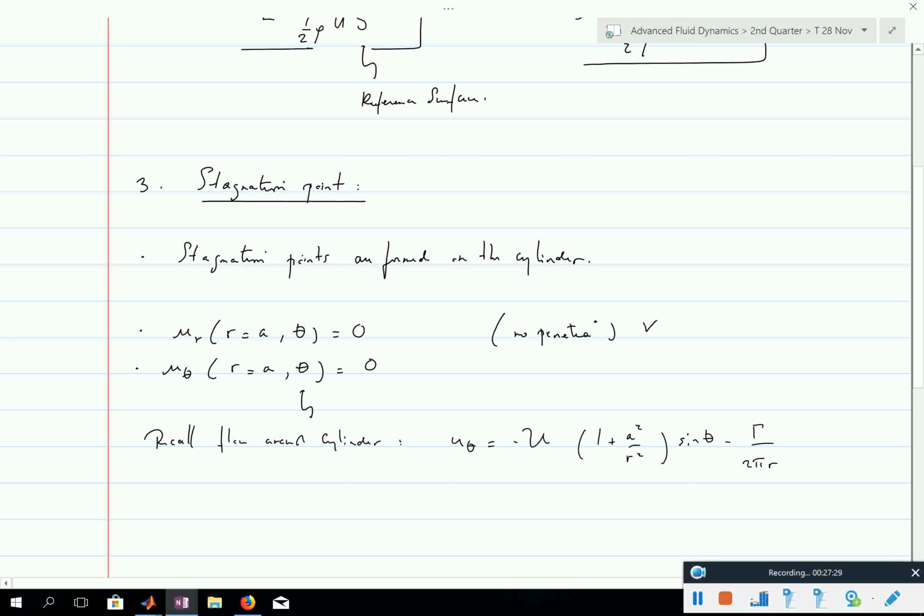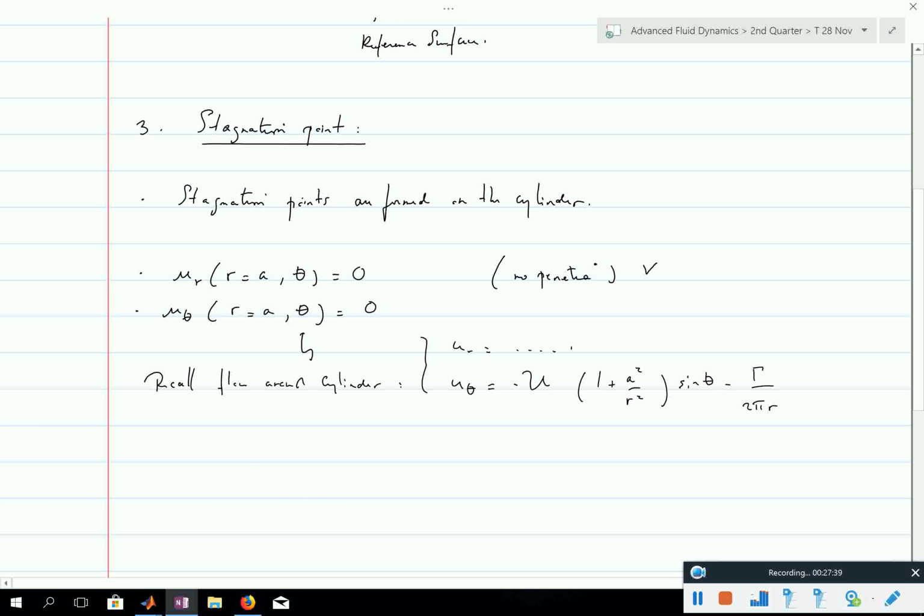That was our expression for u_theta. And u_r, I'm not going to rewrite u_r, I'll just let you report it from your notes from Tuesday.